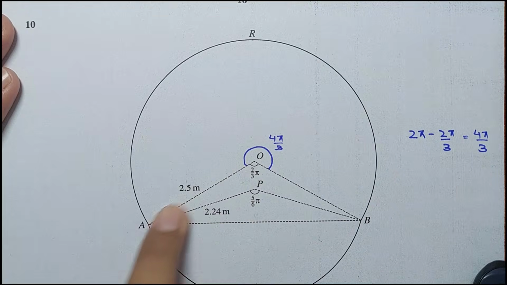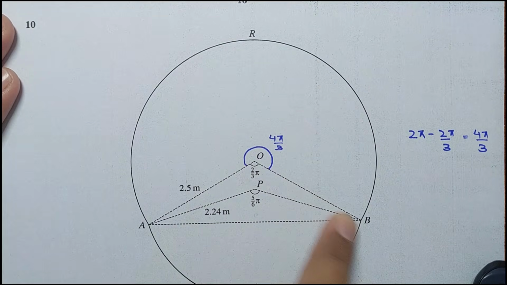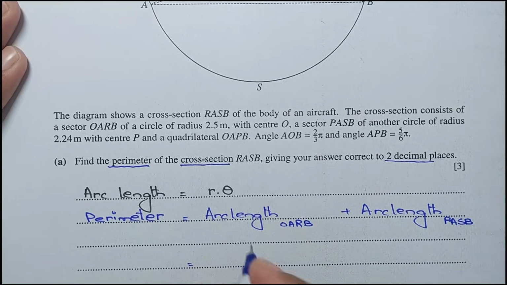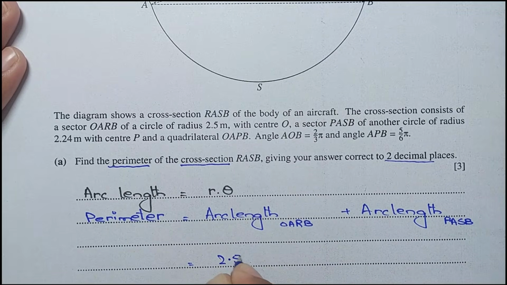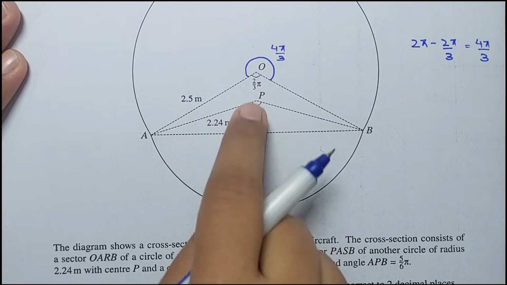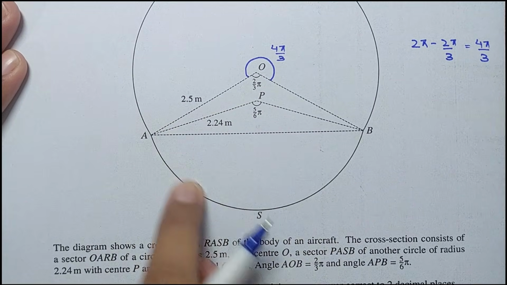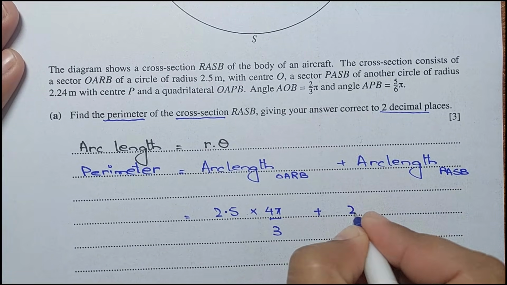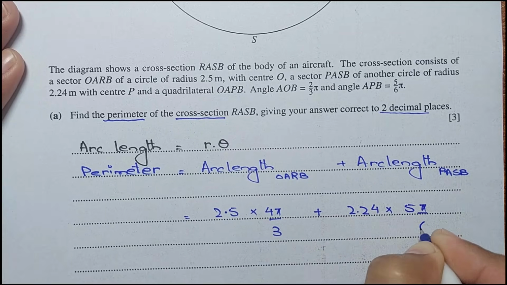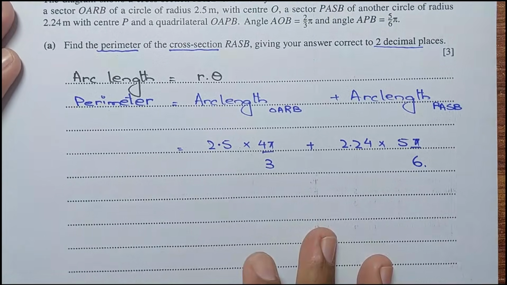So for that sector, we have the radius 2.5 and the angle 4 pi by 3, plus the other sector, where the radius is 2.24 and the angle is 5 pi over 6. The answer should be in 2 decimal places.